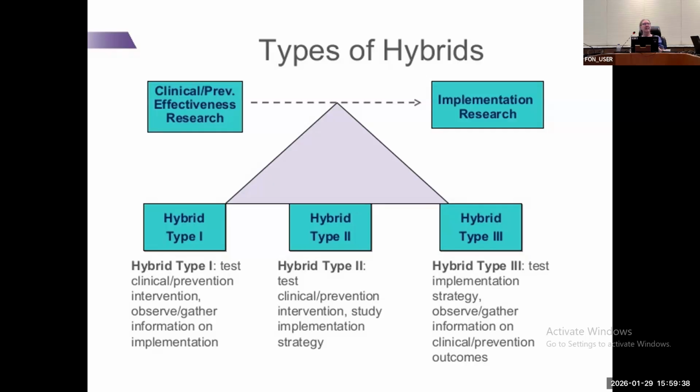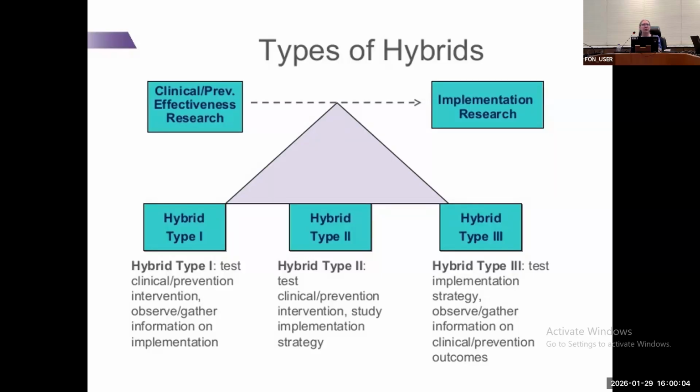So it's looking at effectiveness, and that's where the focus is. And then 25% is looking at implementation. If I know this is effective in real-world settings, then I'm going to describe how I can implement it in the future. So that's a hybrid 1.